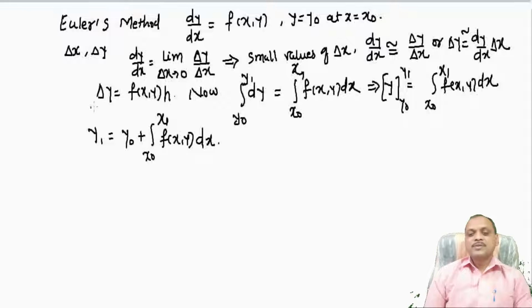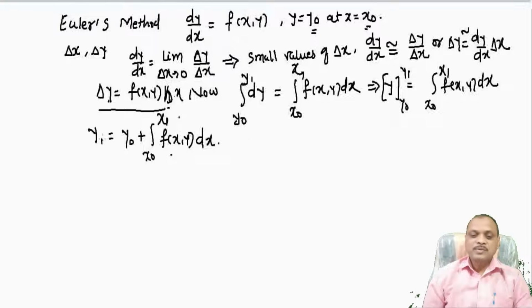Now we have integrated this between the limits x0 to x. At x0 the value of y is y0, and at x1 the value of y is y1. So y1 equal to y0 plus the integration from x0 to x of f of x, y into dx.